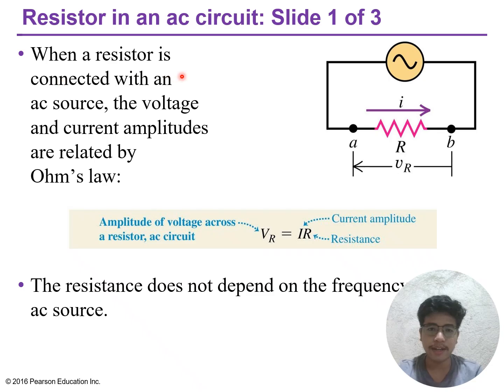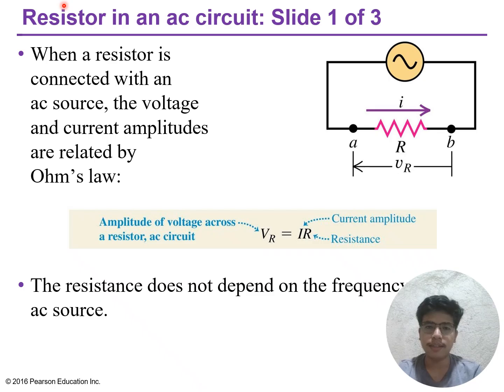When a resistor is connected to an AC source, the voltage and current amplitudes are related by Ohm's law, written as V subscript R equals I times R, exactly as with DC circuits. The remarkable property of a resistor is that the resistance R does not depend on the frequency of the AC source, whether the frequency is 1 Hz or 1000 Hz.